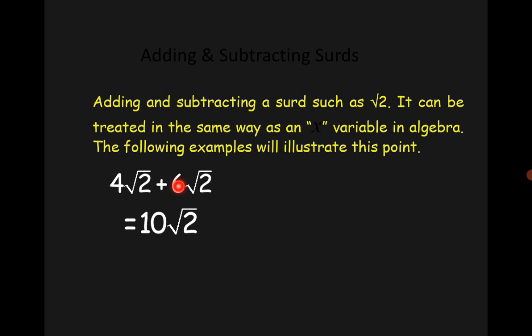You can add these because they are like terms. Like terms can be added very easily. Like you'll say 4y plus 6y is 10y. So 4 root 2 plus 6 root 2 is 10 root 2. So easy, right?